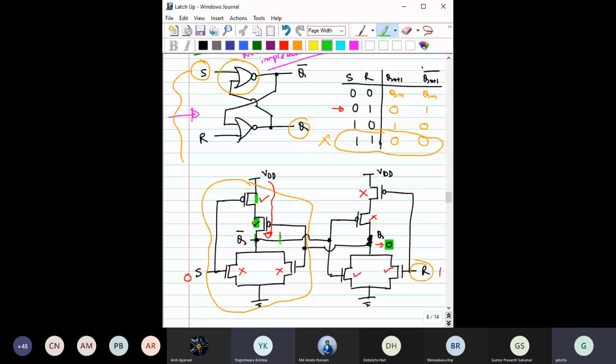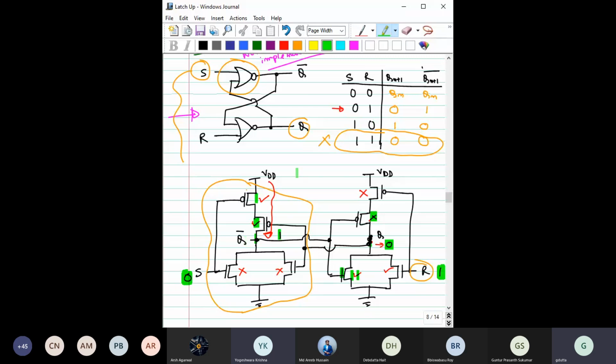This Q bar is driving these two transistors, which makes this NMOS on and this PMOS off. So for the 0, 1 combination the output becomes 0 and 1. So this is valid. Similarly, you can cross-check it for 1, 0. I am not doing it.